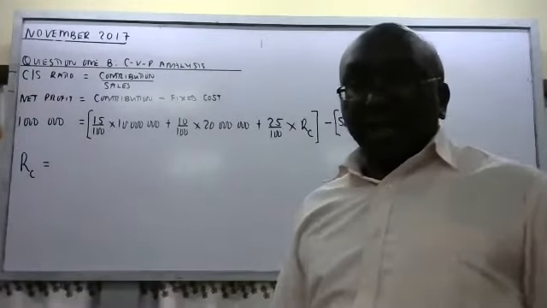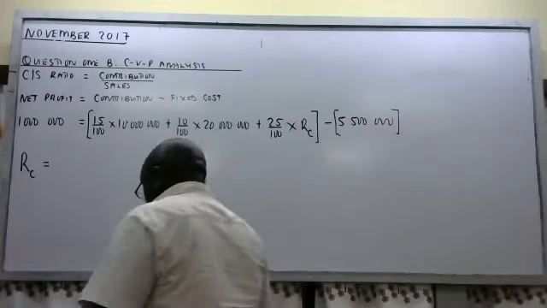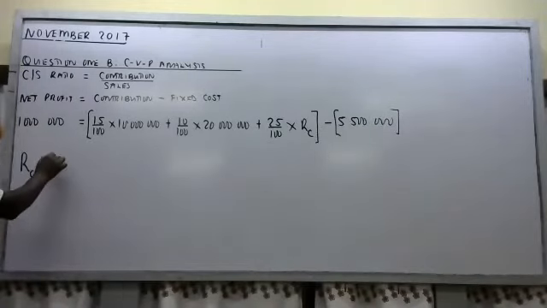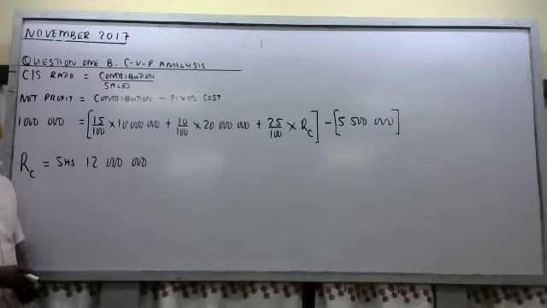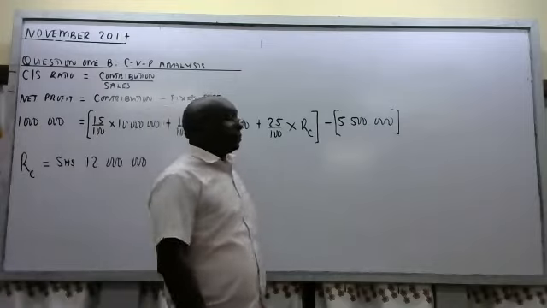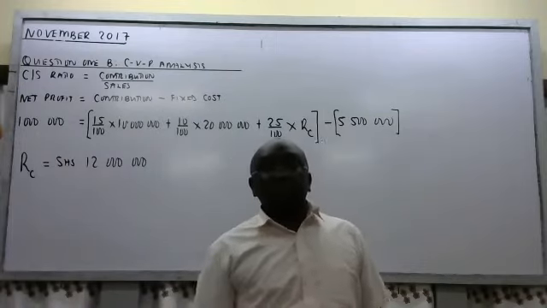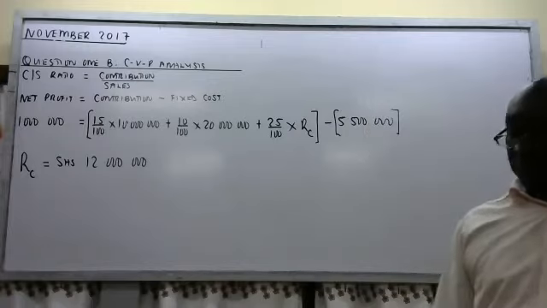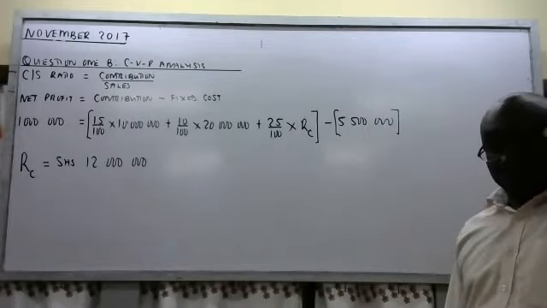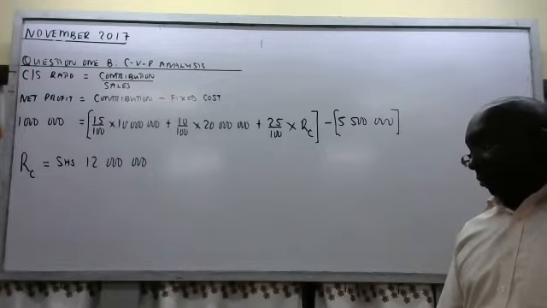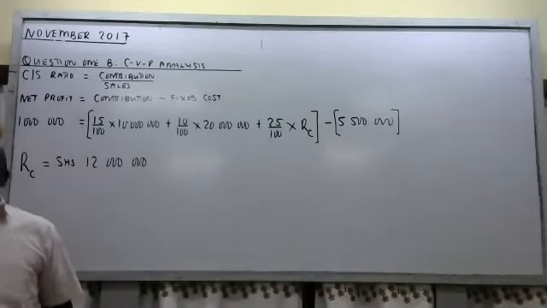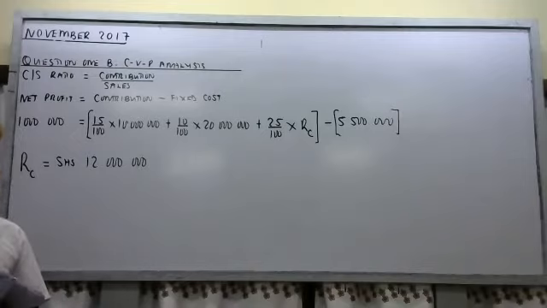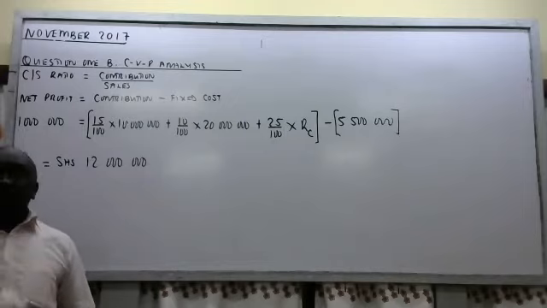I can see Churchill has already given me 12 million shillings, 12 million. Someone else confirm? Yes, June.